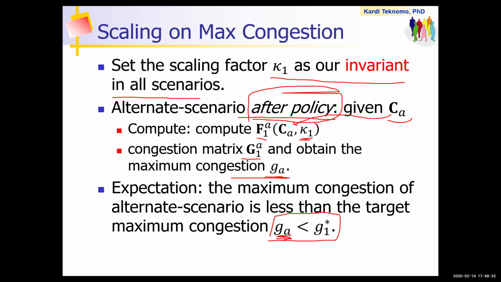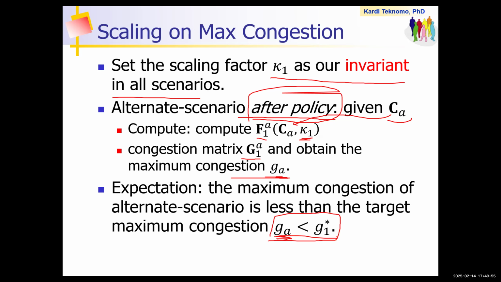That means your policy failed, and you need to find another alternative. In fact, this is the hardest part in the project, to find the correct policy that will pass this criteria. This is what makes you an urban planner, a transport planner.